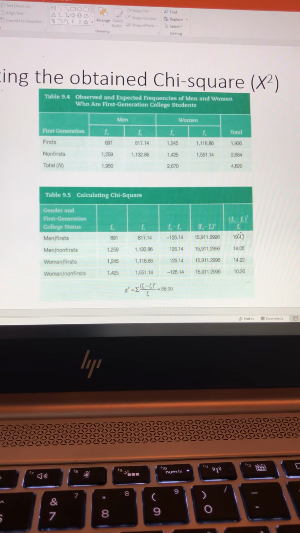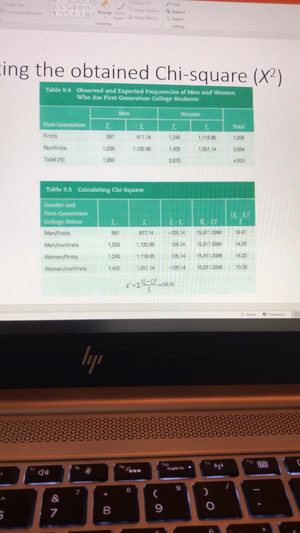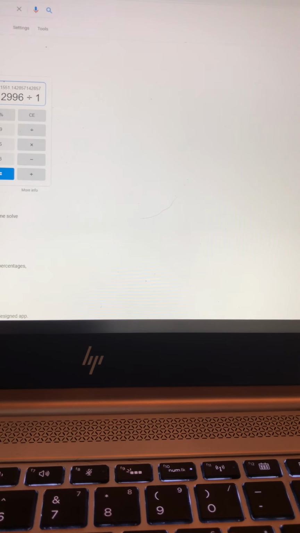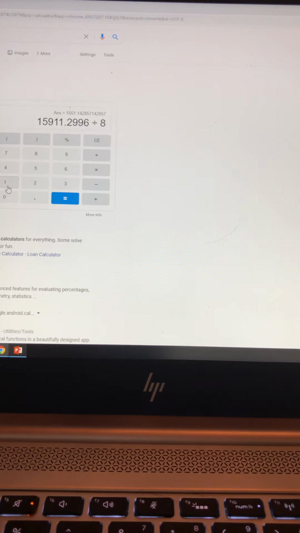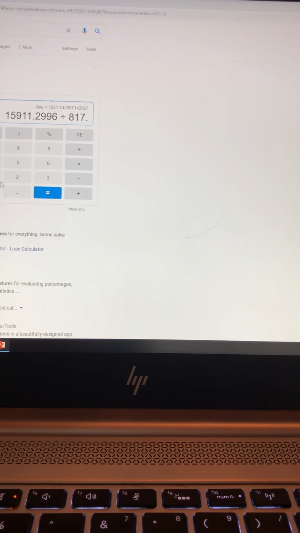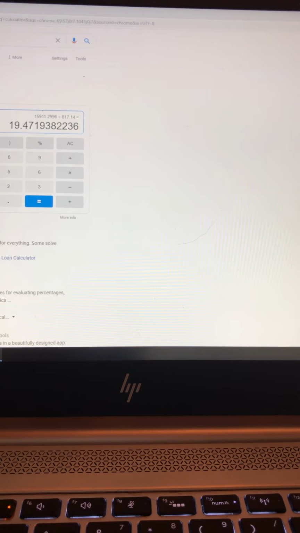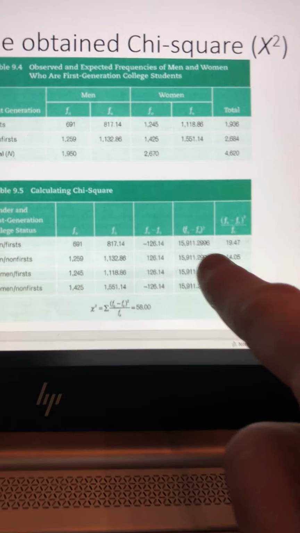And then we divide it by the expected number of men first, which is 817.14. Divided by 817.14, we get 19.47. And there you are right there.